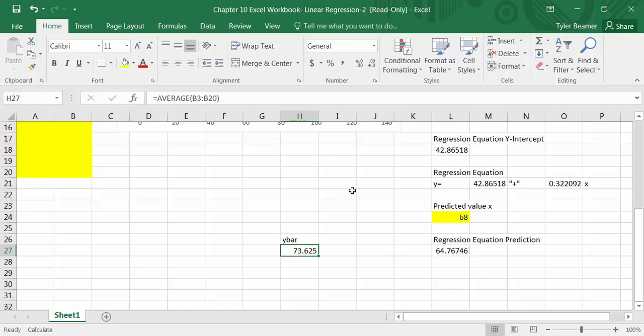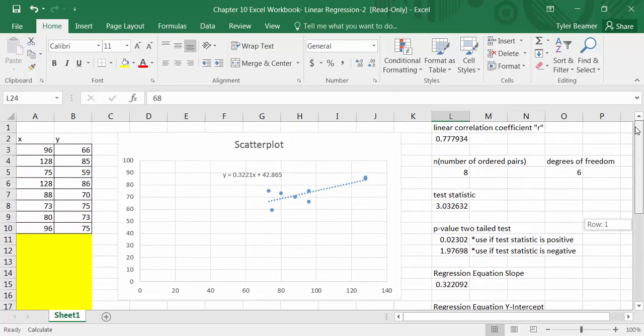You would use y bar, which is the average of the y coordinates, as the predictor, right? If your p-value is less than alpha, then you could use the regression equation, which you could then use the value of y that you get from the regression equation when plugging this value in for x. So just keep that in mind.